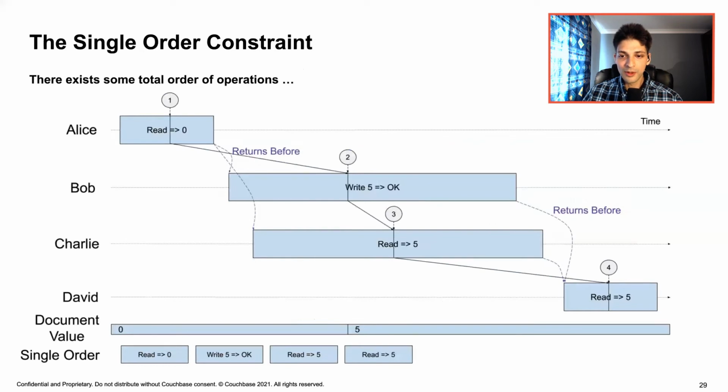We can draw arrows between linearization points, and consequently, we can order operations by when they appear to take effect. This gives us a sequential, single-threaded operation history. This is called the single order property, which is illustrated below. Essentially, a sequence of operations as if they were issued by only a single client.